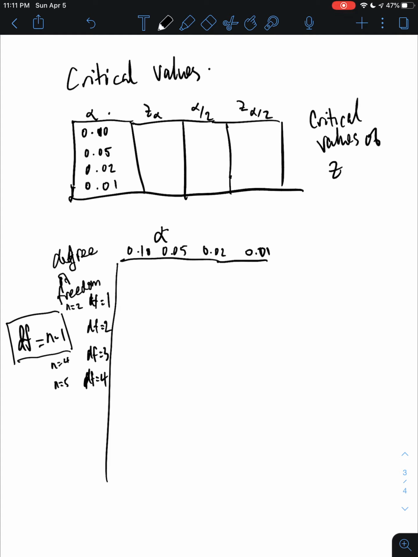For technical, theoretical reasons, our tables are written in terms of df's instead of n's, but there's this relationship.